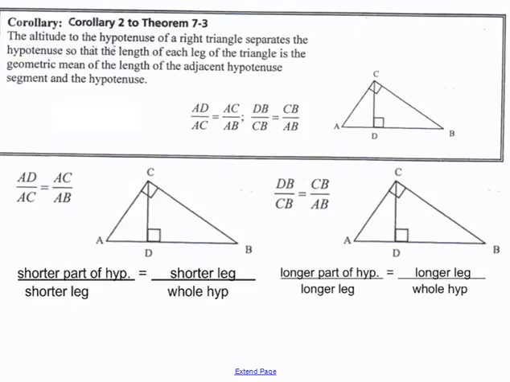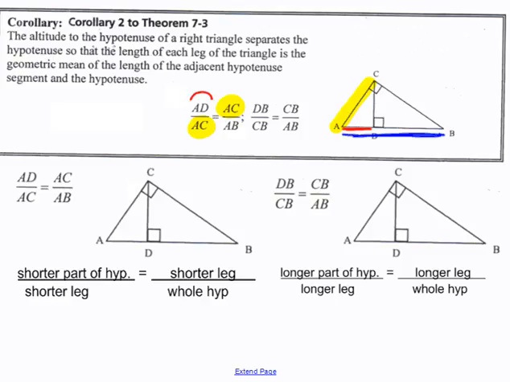Here's another one though. So now we have a couple of other proportions. If I have information on the short leg of this big triangle, that short leg is going to go here. And then the short part of the hypotenuse over the whole hypotenuse.